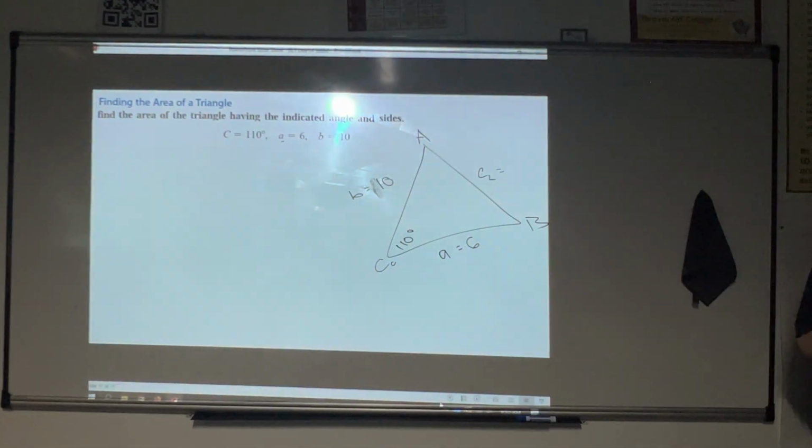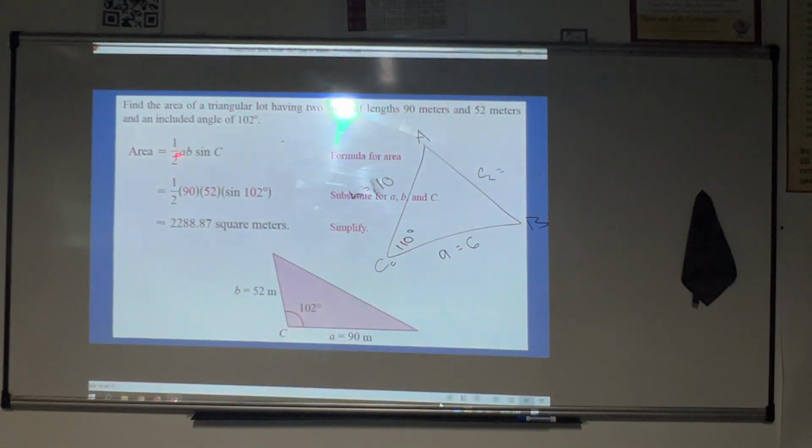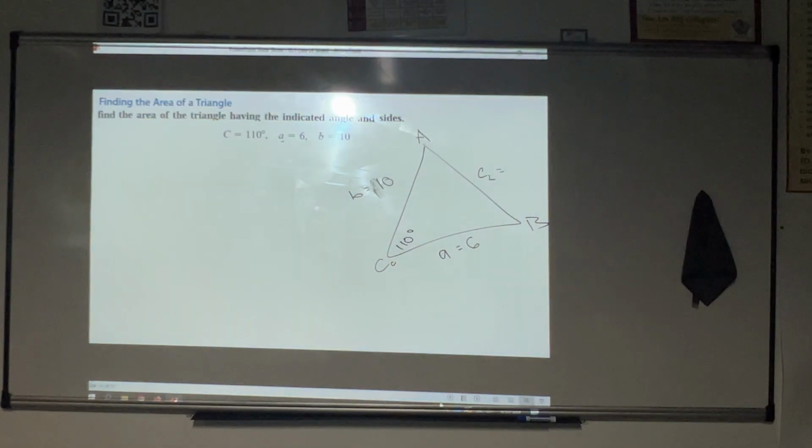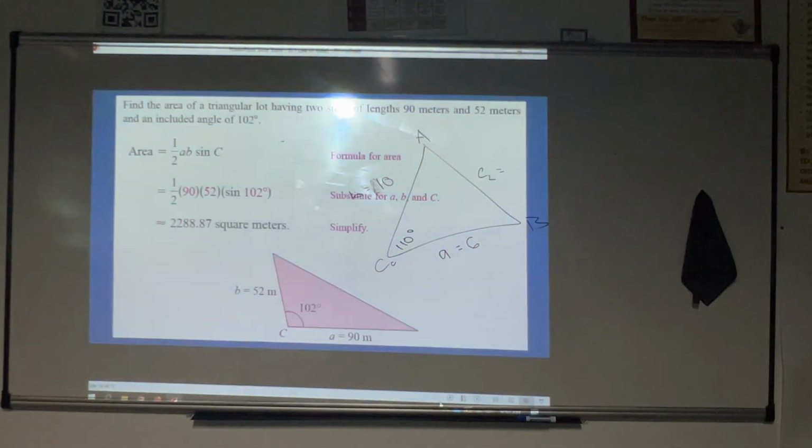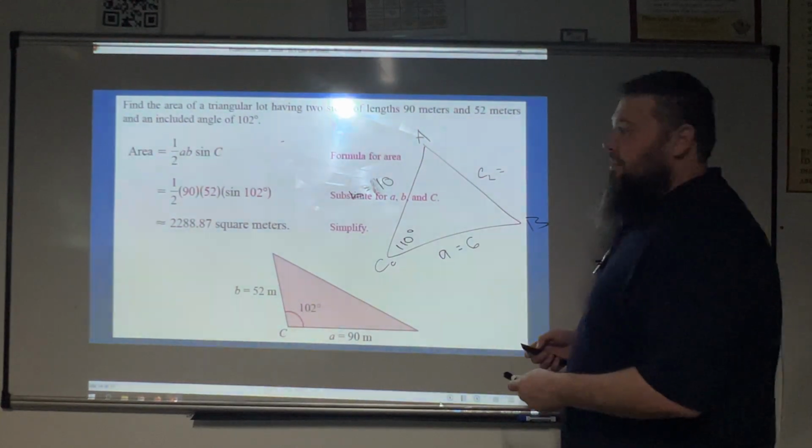Do I have an included angle here? Absolutely. 110. I know both side lengths that generate that angle. So all I have to do is multiply them together using 1/2 times the outside pieces times sine 110. Who said, oh, Corinne? I actually got Corinne in a positive moment here.